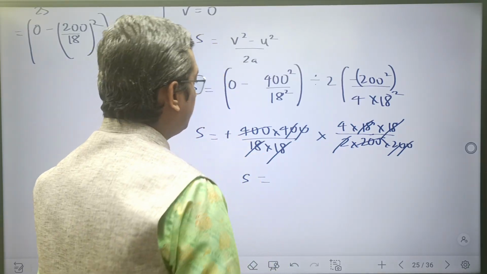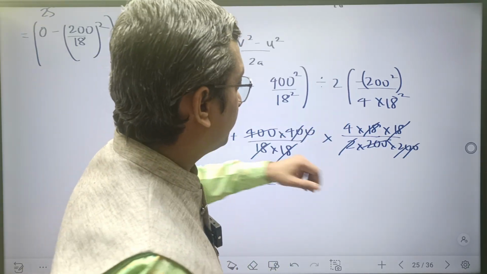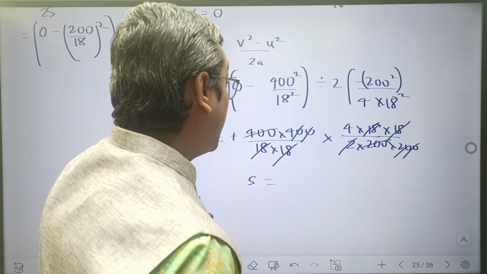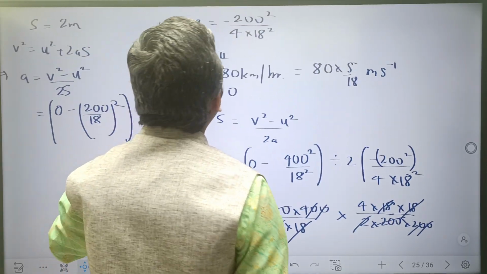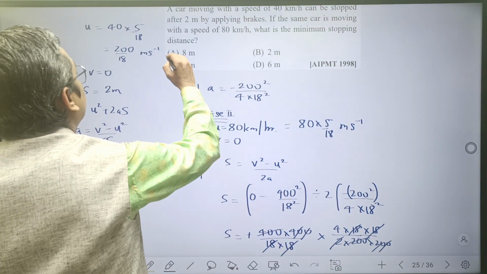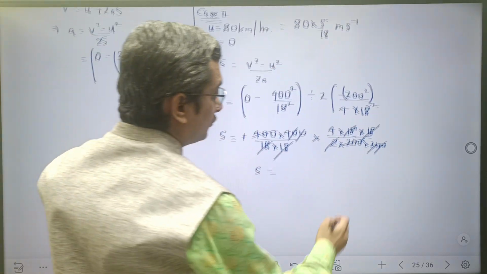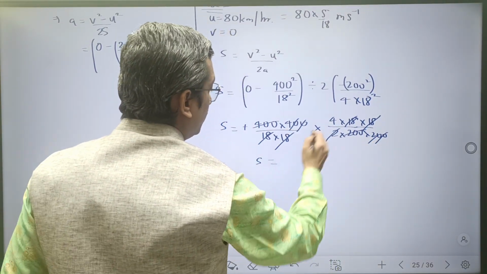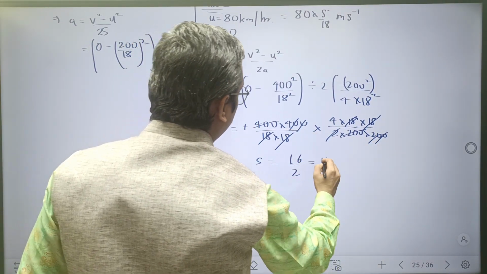So this becomes 4 into 4, 16, and 16 by 2 is 8 meter. So we have the option 8 meter. Here 2 is left, 4 into 4 is 16, by 2 is 8 meter.